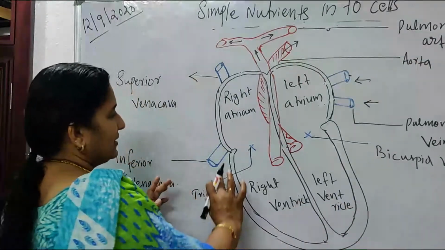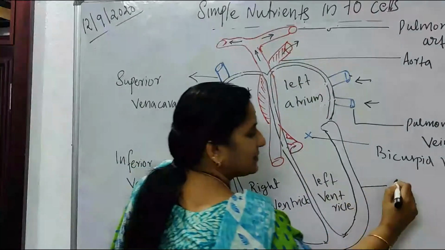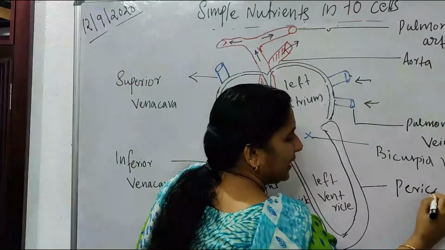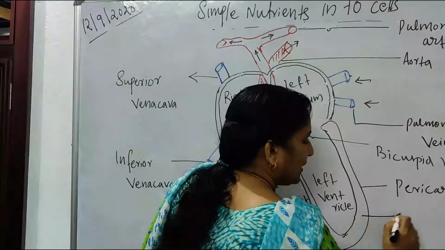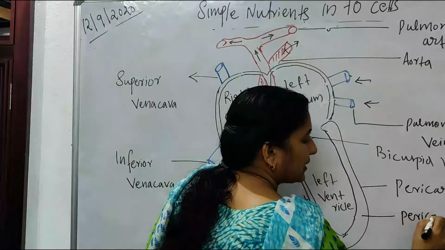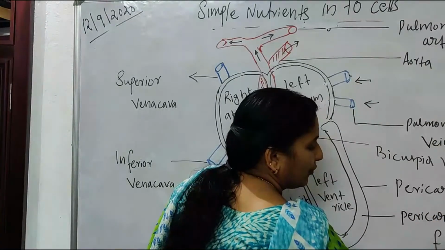Then we have studied the covering of the heart that is known as pericardium, and its functions we have studied. In between there is a fluid present. That fluid is called pericardial fluid.